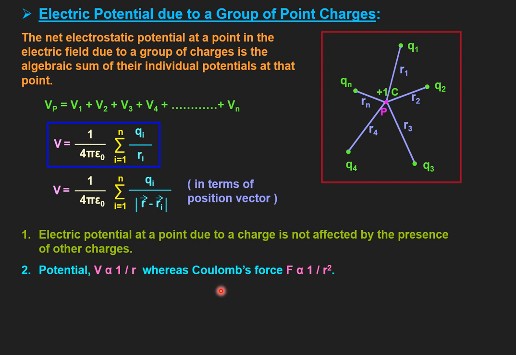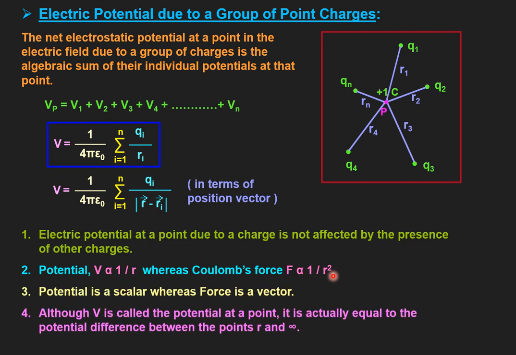So we have to take care that potential is proportional to 1 by R, while electric field or Coulombic force are proportional to 1 by R square. Potential is a scalar quantity while force is a vector quantity.